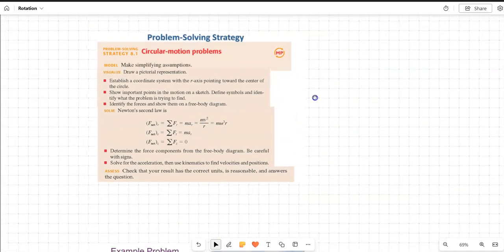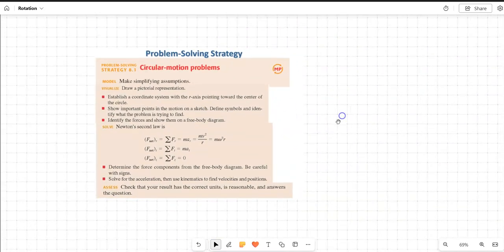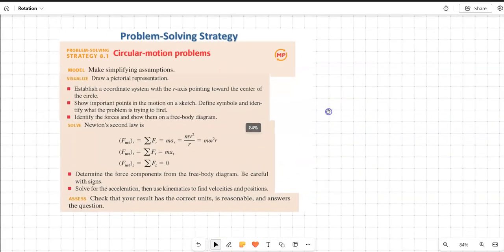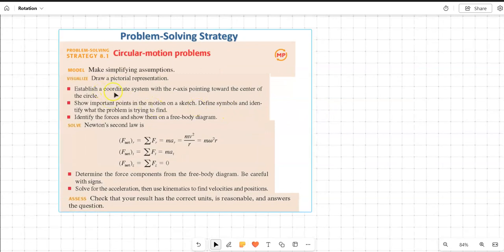So here is what we're going to be doing. We're going to be establishing a coordinate system and drawing our force diagrams. We're going to then be summing the forces up in the x direction and y direction, and then setting them equal to mass times acceleration. But some of those accelerations may be a centripetal acceleration.